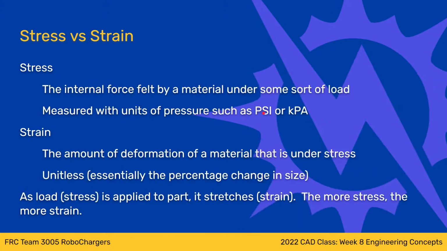So strain is basically a relative measure of how much the part has changed size. It doesn't have a unit because it's a relative measure. You can think of it as what percentage it has changed in size, right? Like, have you stretched it 10%? It's 110% of its original length and things like that. So you can think of strain as being this kind of relative measure.